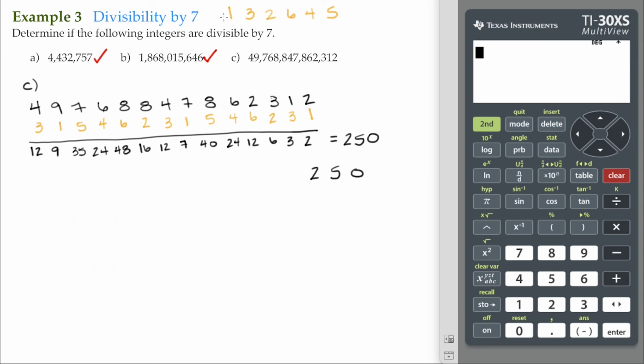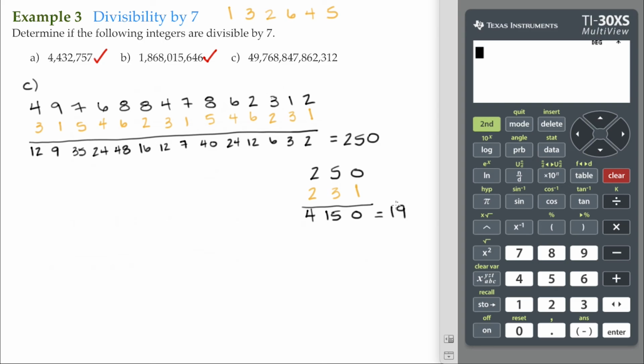Again, this is our ones position here, our tens position, and our hundreds position. 2 times 2, 4. 5 times 3, 15, and this is going to be 0. 4 and 15, that's 19. We know that 7 goes into 19 2 times with 5 left over.